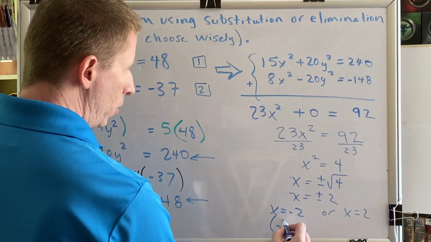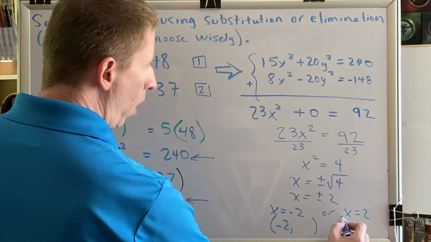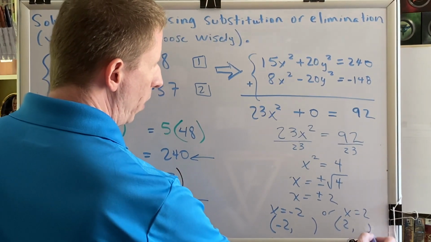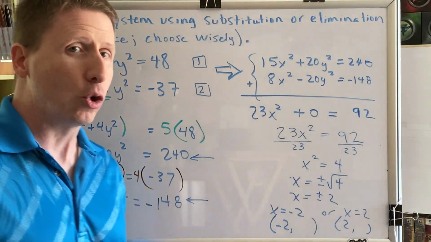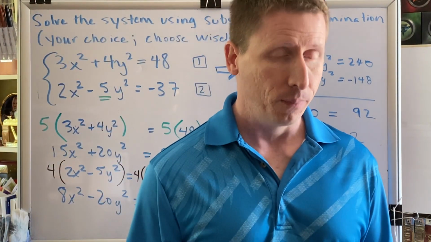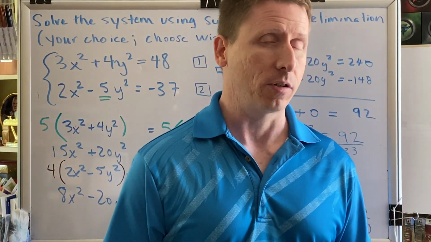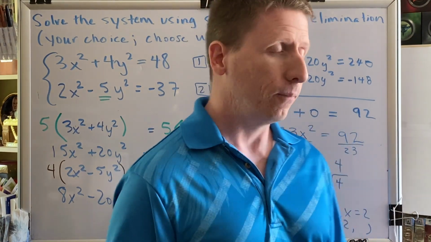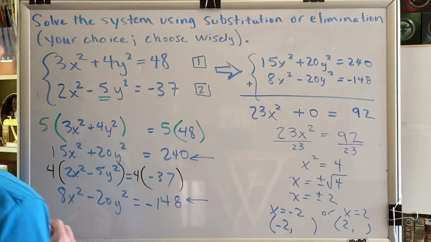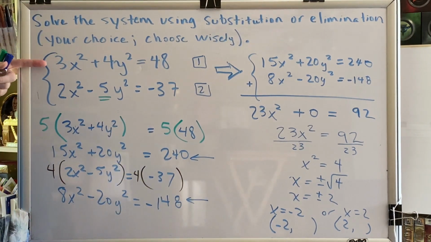Okay, so now we have to find the y values that go with these x values. And to do that, we need to plug back into one of the equations from our system. It could be any equation from our system, as long as that equation still has x and y in it, which means there are 4 obvious choices: original equation 1, original equation 2, modified equation 1, and modified equation 2.